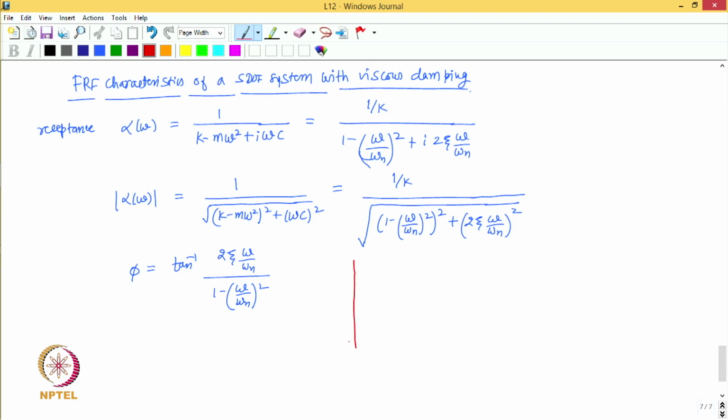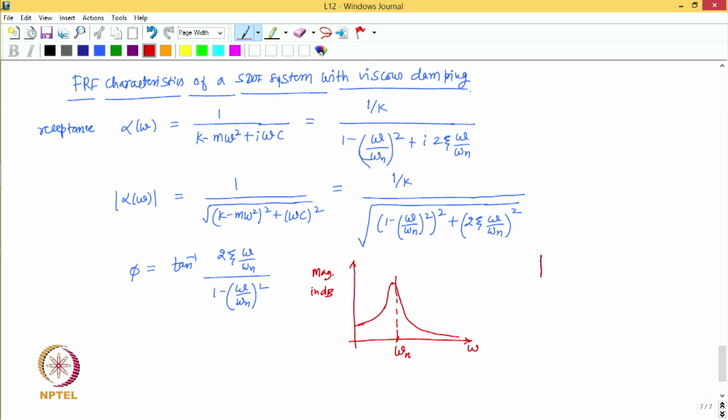Graphically, if I plot the magnitude in dB on the y axis and frequency on the x axis, then this plot would look something like this. Right, and this is the location of the undamped natural frequency omega n. So, we see that for this system, as we have studied earlier, the peak in the FRF occurs slightly to the left of the natural frequency.